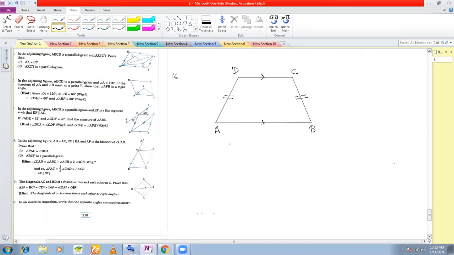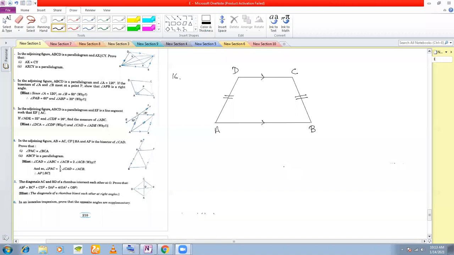So ABCD, the non-parallel sides are equal. This is an isosceles trapezium. Now what is given here? The question is, in an isosceles trapezium, you need to prove that the opposite angles are supplementary. What does it mean, opposite angles supplementary? Can anyone tell me what opposite angles supplementary means? Aman Gupta, tell me.